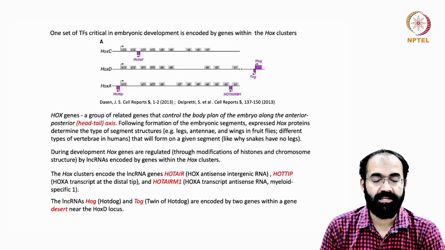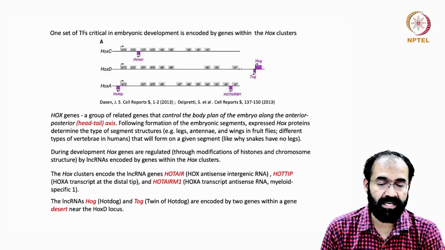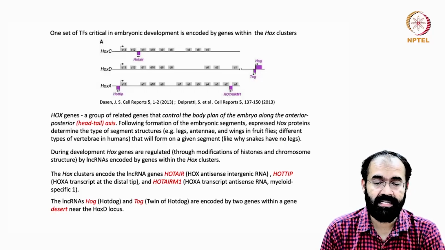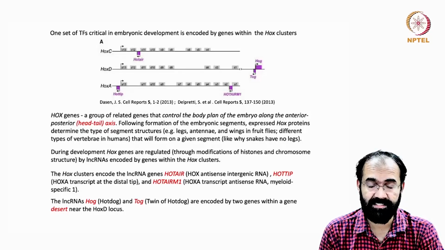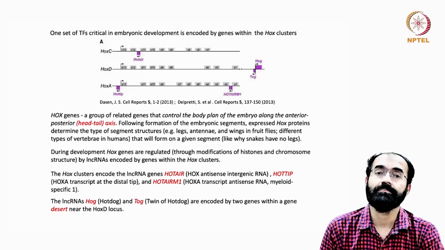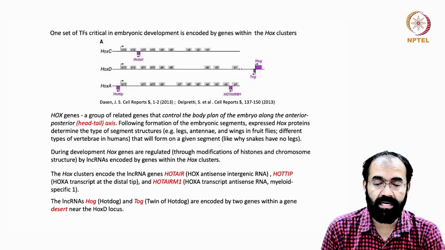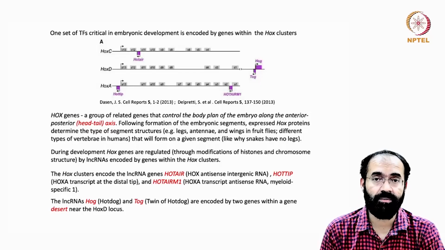Now let us see one set of transcription factors that are critical in development, mainly required and necessitated for embryonic development, along with this bunch of non-coding RNAs, and we usually refer to them as the Hox clusters.